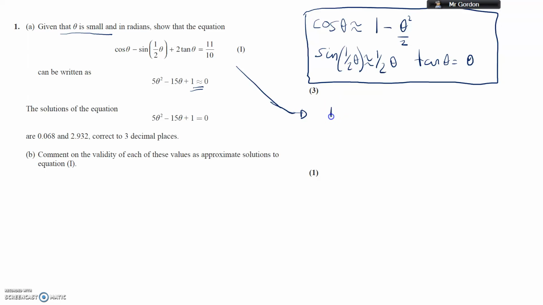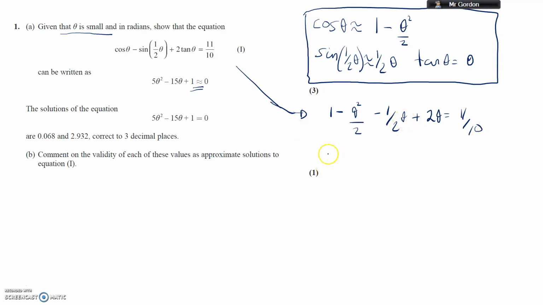So cos theta, 1 minus theta squared over 2, minus a half theta for the sine half theta, plus 2 tan theta, which is, well, tan theta is theta, so 2 theta, is equal to 11 over 10.